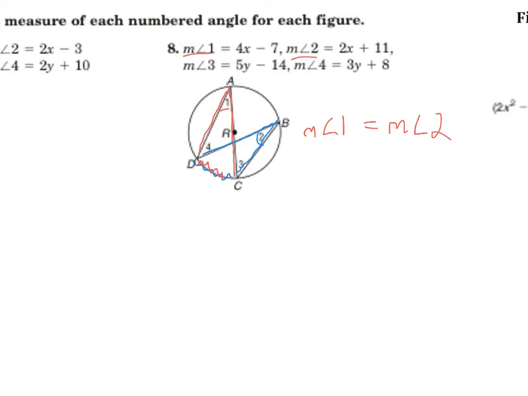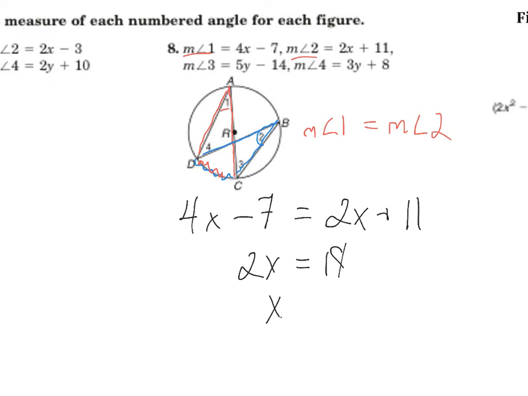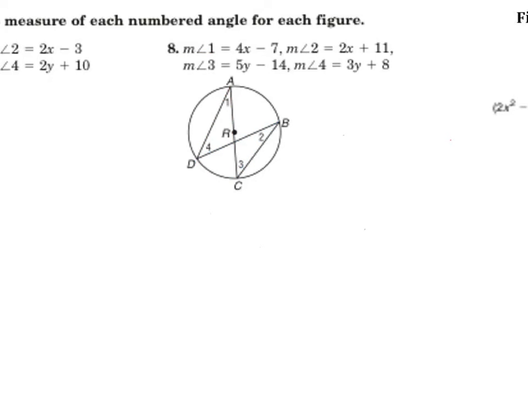So I'm going to take the two expressions that I'm given, that 4x minus 7, and set it equal to 2x plus 11. Now we can go through and solve. 2x equals 18, so in this case, x is 9. Then you're going to use a similar method to solve for y, but now the two inscribed angles you're focused on would be 4 and 3.